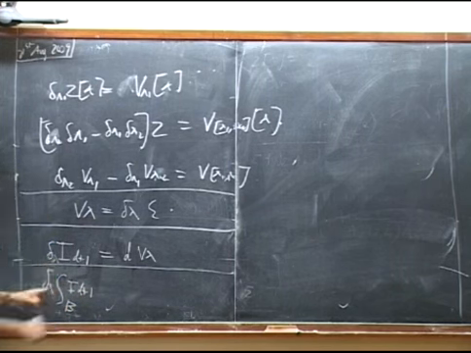Because now this is the variation of something, without it necessarily being that the anomaly is actually not there, that the anomaly can be removed by a local counterterm. Is this clear?